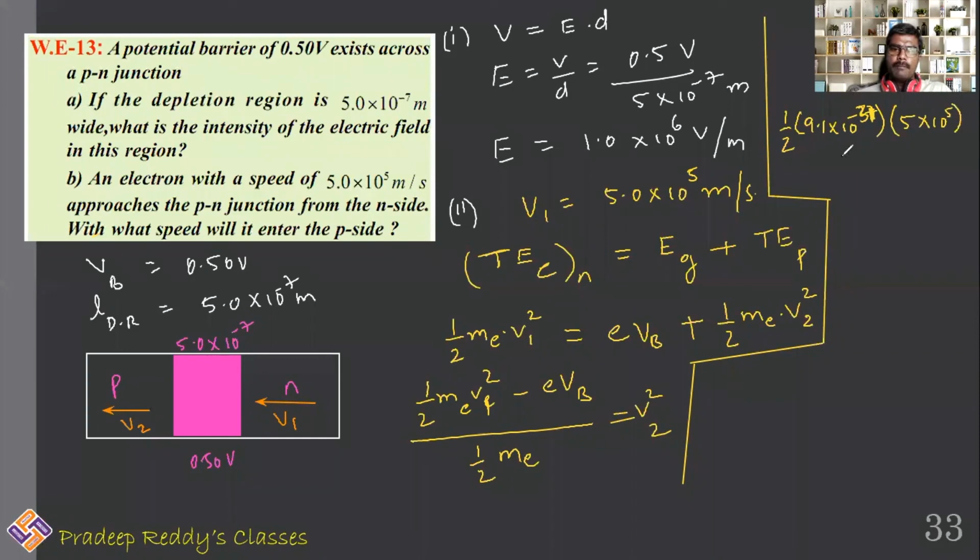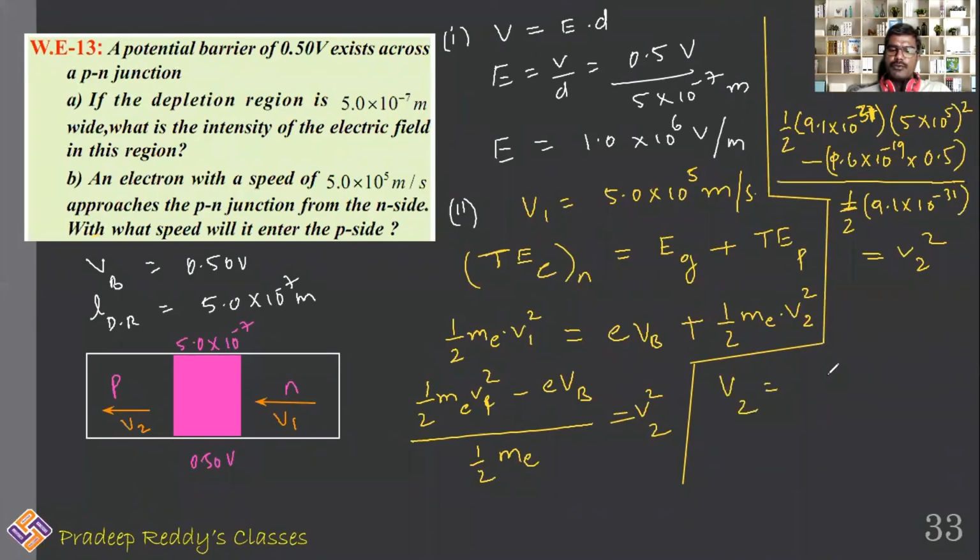Half m v square minus charge of the electron is 1.6 into 10 power minus 19 coulomb into barrier potential is given as 0.5 volt, this total divided by half into 9.1 into 10 power minus 31. This is equal to v2 square. So calculating this total, you will be getting value of velocity v2, which is nearly 2.7 into 10 power 5 meter per second. This is the value of electron when it enter into p type.